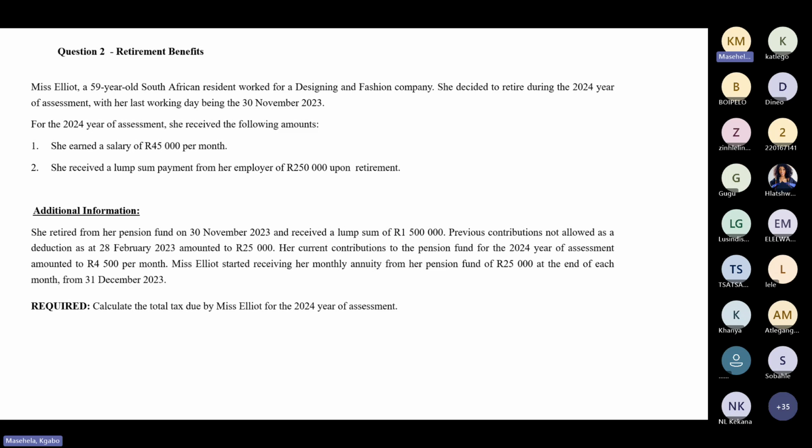When you are retired, I don't think the tax will be the same as the person who's still active in his or her working place. Because retirement means you are getting that amount, you are not going to get anything afterwards. Therefore, the tax cannot be that much, because you have already contributed a lot to the South African government.